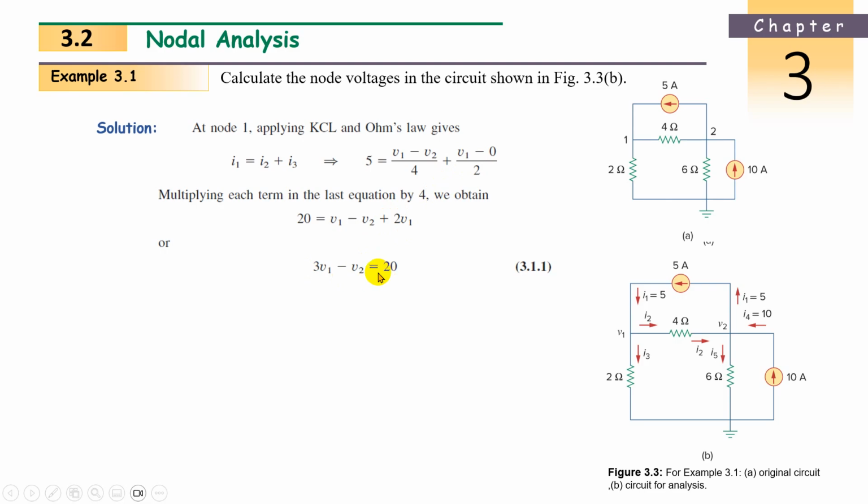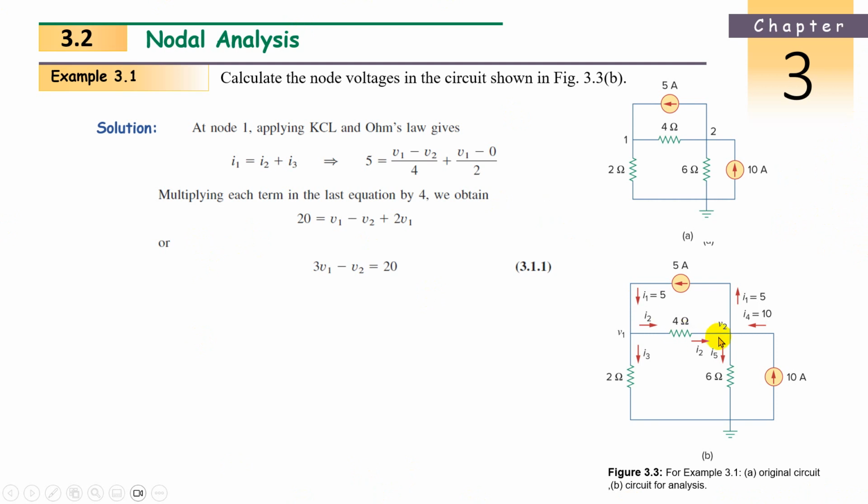Now you can write the equation as 3V1 minus V2 equals 20. You should write it in this format, which is useful for both methods of analysis. For the elimination technique, write variables on the left side and non-variables on the right side. In the matrix method also it is easy, because we have to form a matrix.